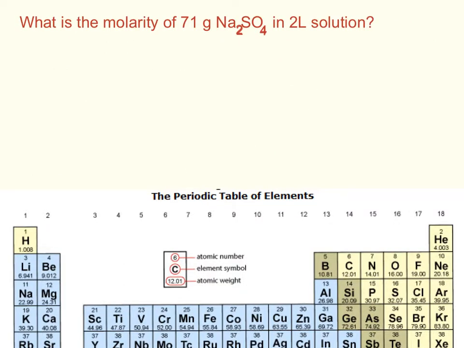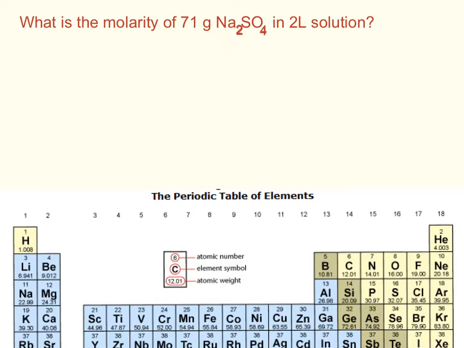So let's try an example to figure out the molarity of 71 grams of Na2SO4 in 2 liters of solution. Just like our last example, first we have to figure out the weight of this molecule by figuring out the weight of each atom in the molecule.